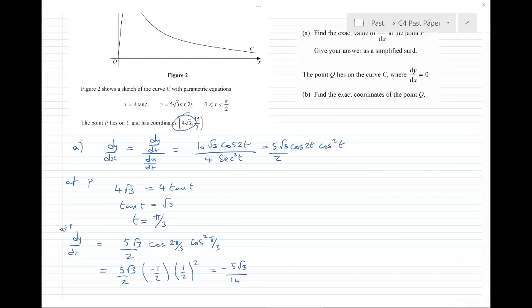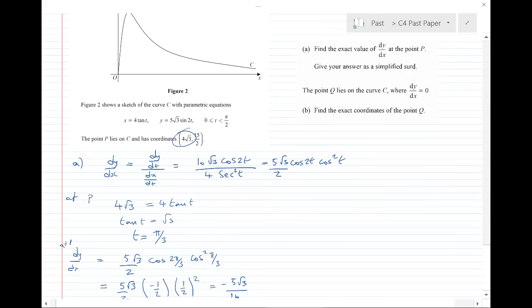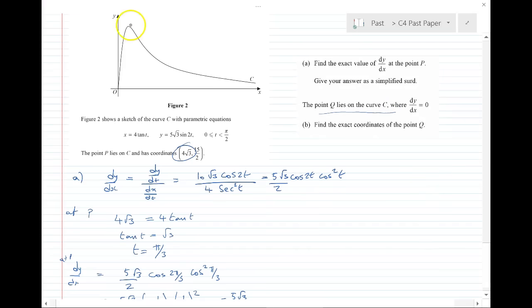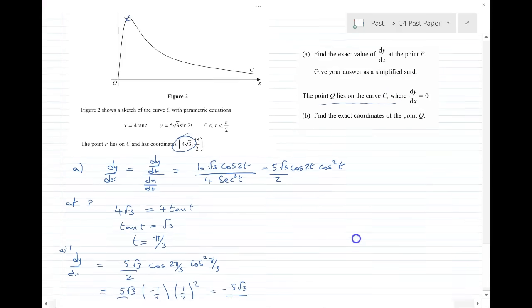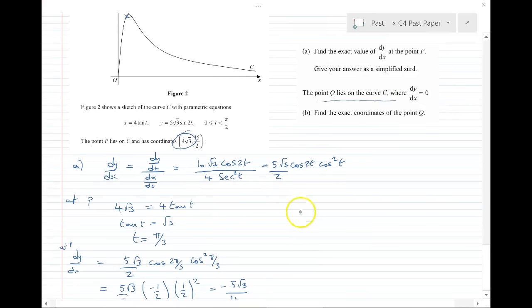And then part B, it says the point Q lies on the curve where dy by dx is 0. So we basically want this point here, find the exact coordinates of it. Well, we can look for when dy by dx is equal to 0.